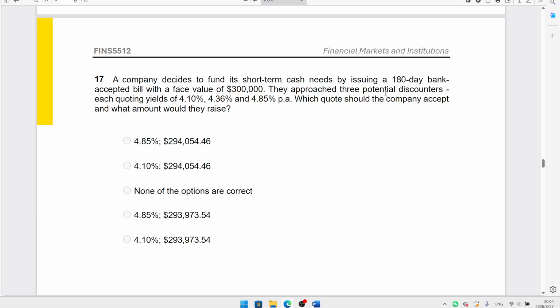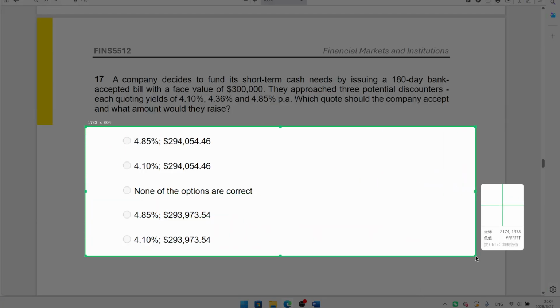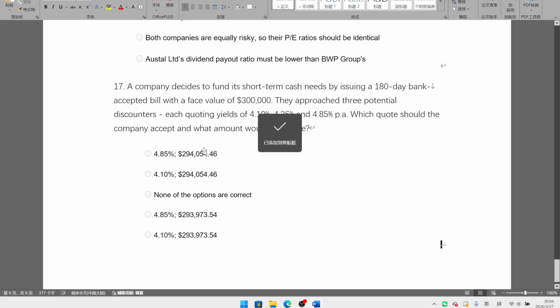So we need to work out which quote the company accepts and what amount. I don't know what that means. I'm just confused about how to solve the question.